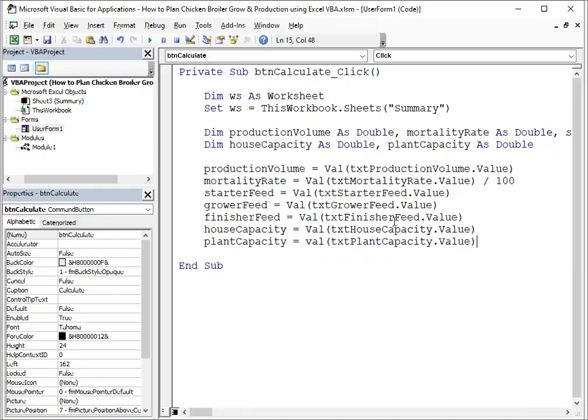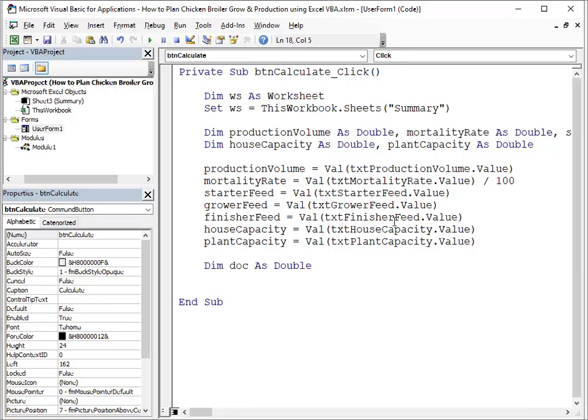Next, we're going to calculate the DOC requirement. So we're going to declare the variables for this. It would be dim DOC as double.